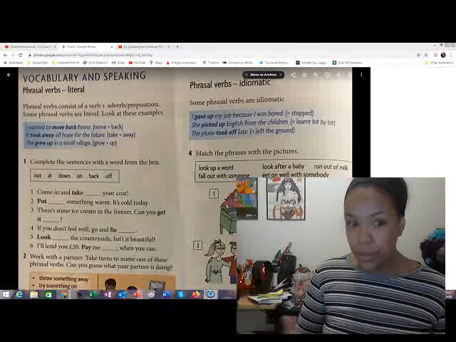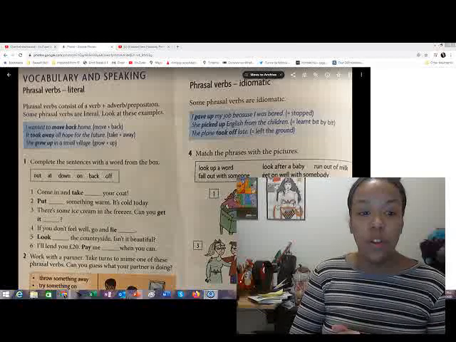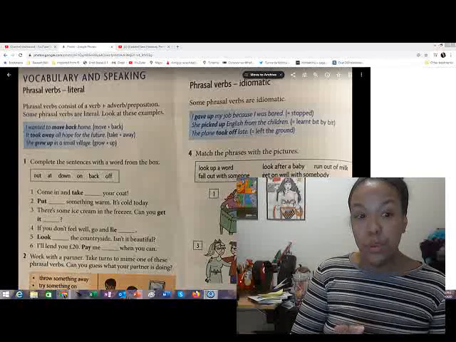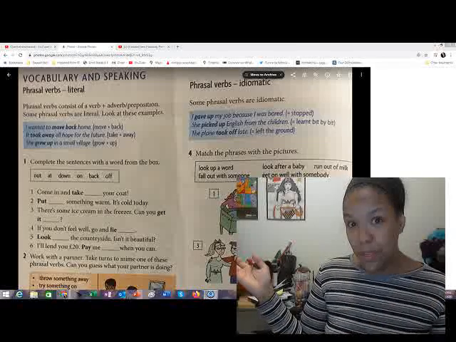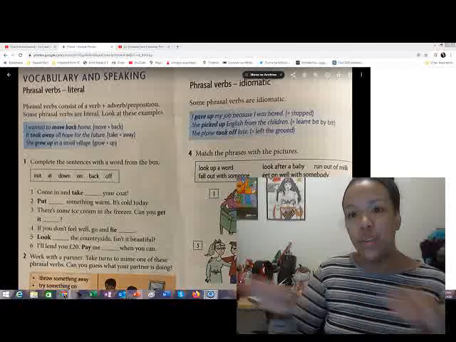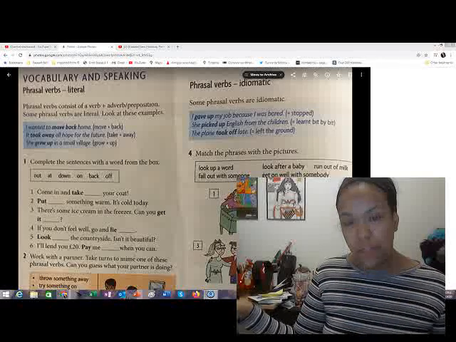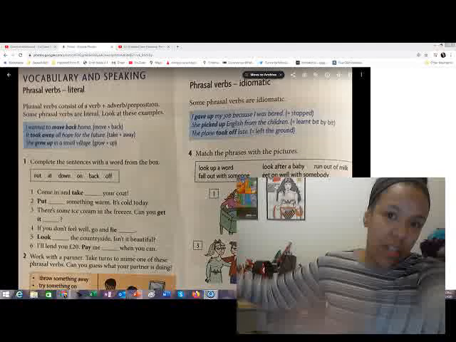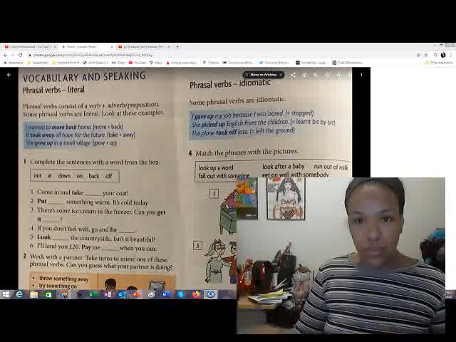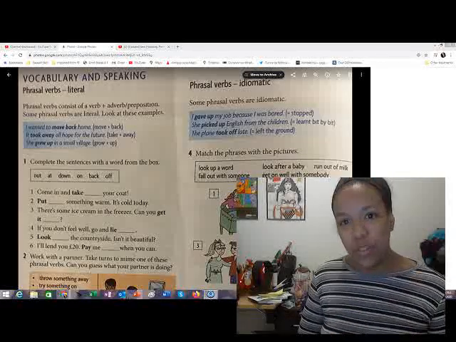For example, I can say, you need to put out the fire. Otherwise, you're going to burn the house down. Put out the fire means to extinguish the fire. You throw water on it, you throw a blanket on it, and the fire is gone. To put out the fire.